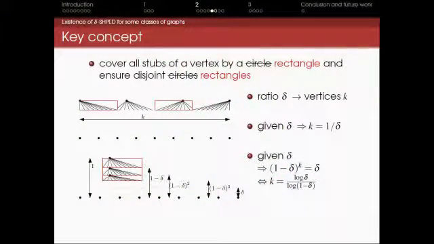And we can also compute the number of vertices if we place the vertices of one set on top, in the way that if we have placed one vertex, the other one is upper bound by the value of 1 minus delta, and we can iterate this to the lower bound of delta. So if we see in the next formulas a value of 1 over delta, we know there's a side-by-side placement of vertices, and if there is a value with logarithms, we know there is a top-on-top placement of vertices.